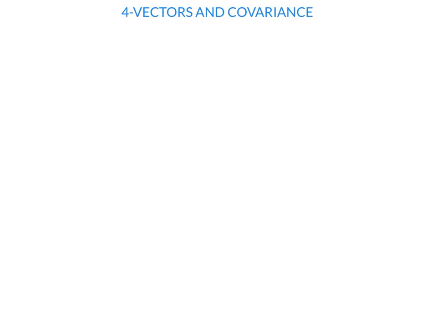Now, what do we mean by covariance? What's the point of using vectors, generally speaking?